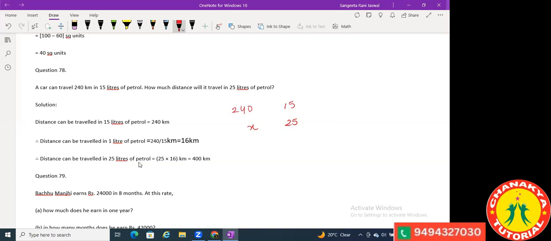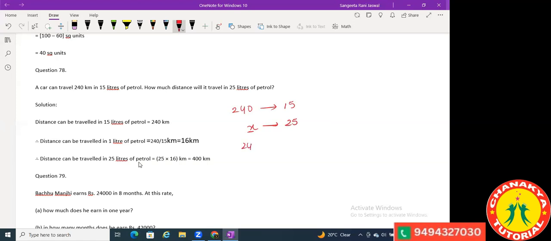So you must write like this. That means 240 kilometers, the car is traveling in 15 liters. For how much will it travel in 25 liters? That is x kilometers. Okay, so just take the ratio of this side, and equate it.